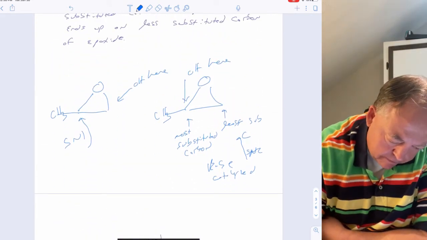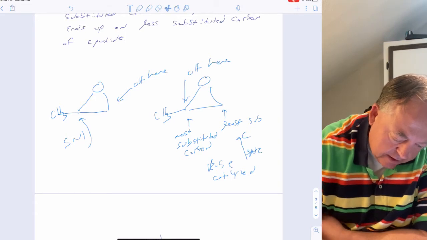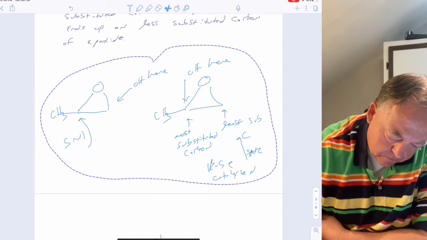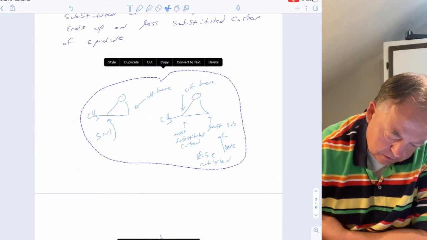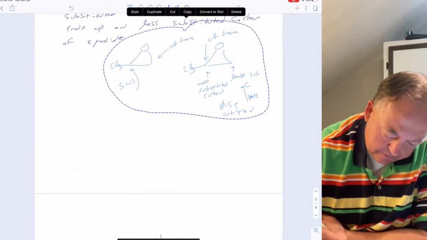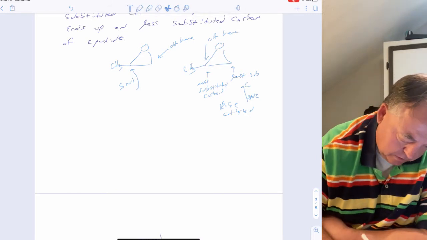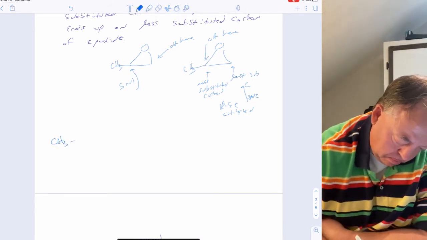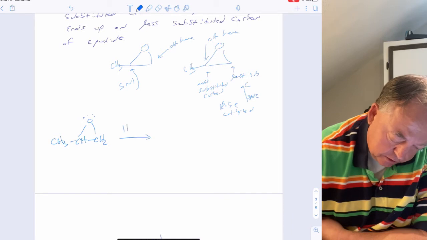And so let's go through a mechanism first of all, how these reactions occur. So we took this and reacted it with H+ Cl-.